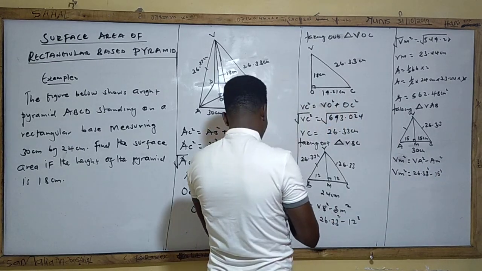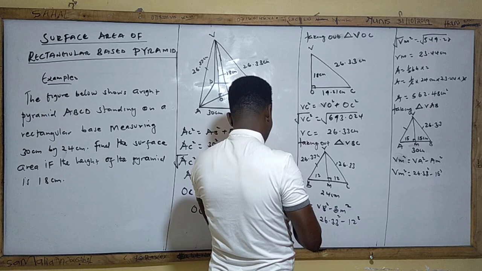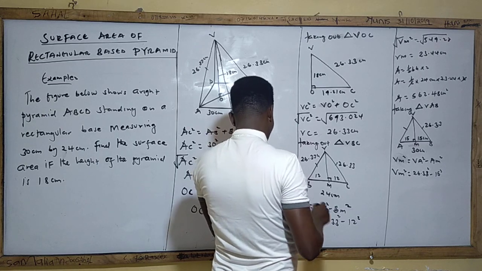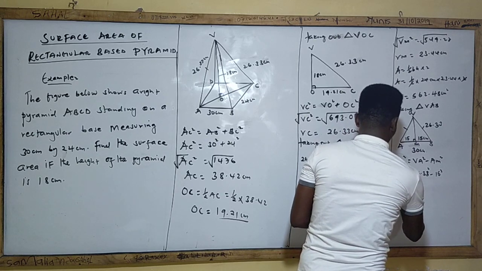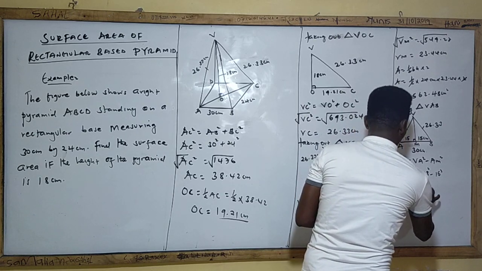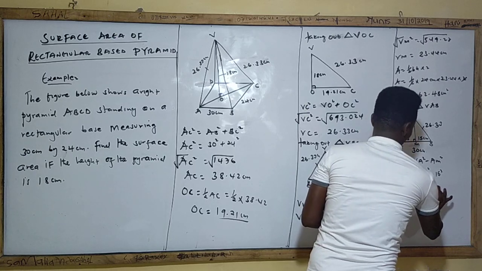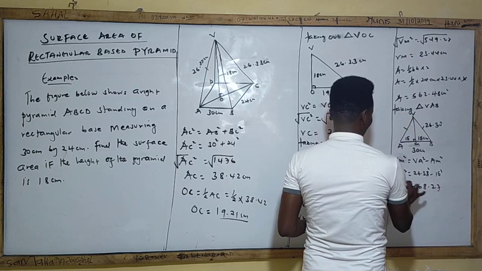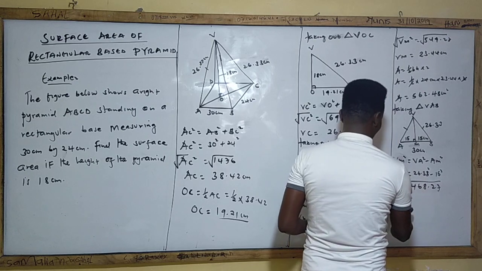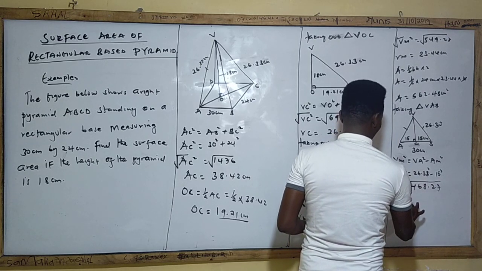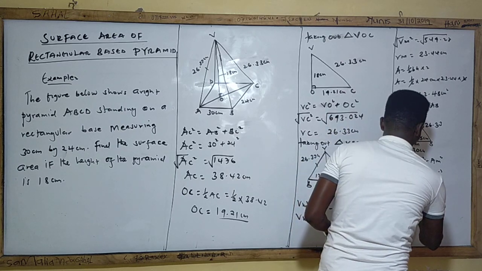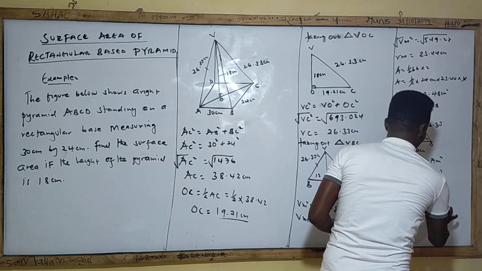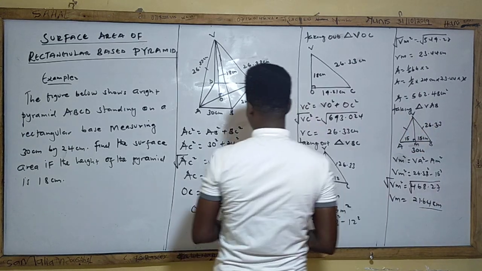That will be 468.27. Then introduce root again. VM is equal to root of our answer, 21.64 centimeter. So that's the height.